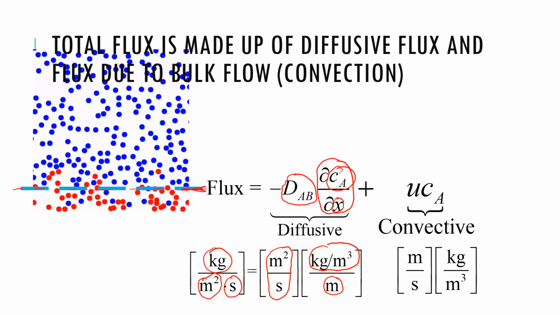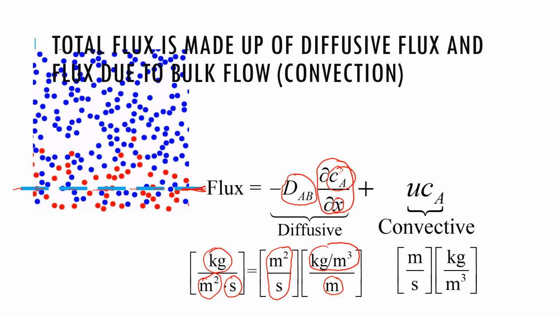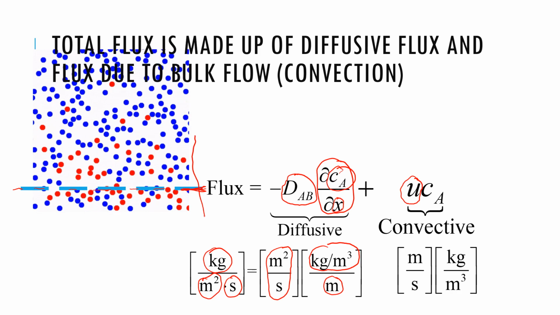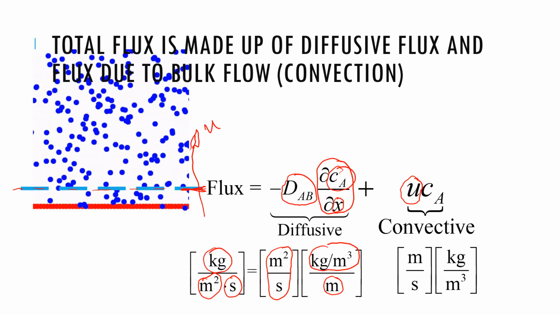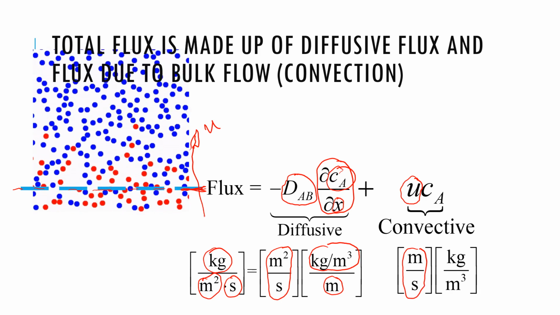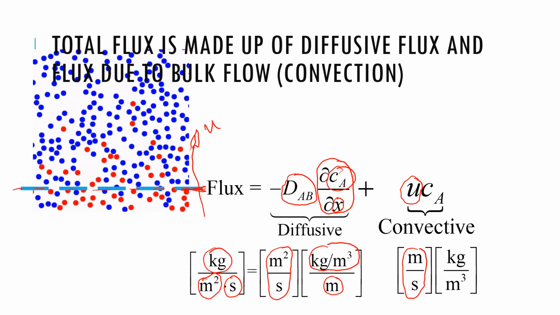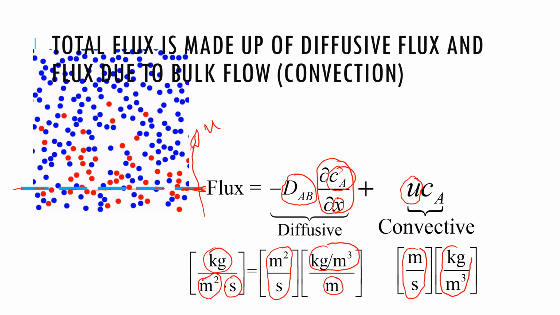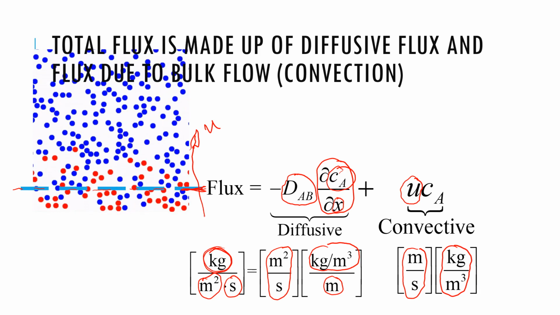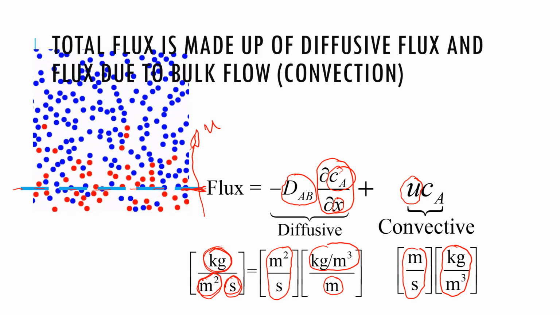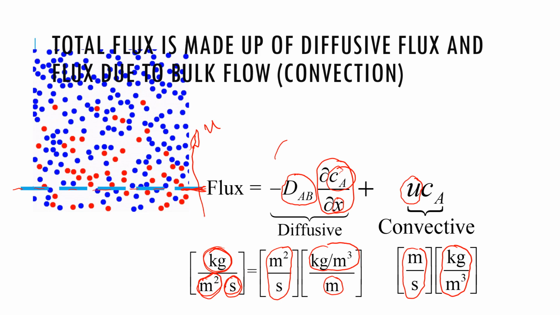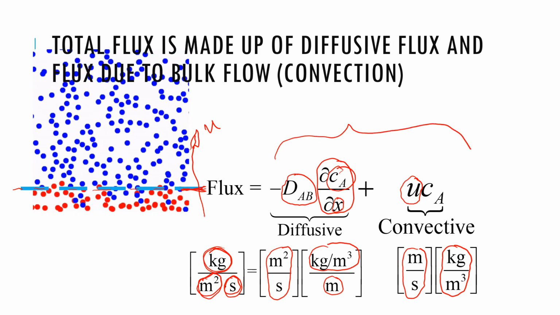Again, let's look at the units. u is the bulk velocity with which this gas is moving. That unit is meters per second, and the concentration units are kilograms per meter cubed. So that again gives kg per meter squared per second. So this is my total flux.